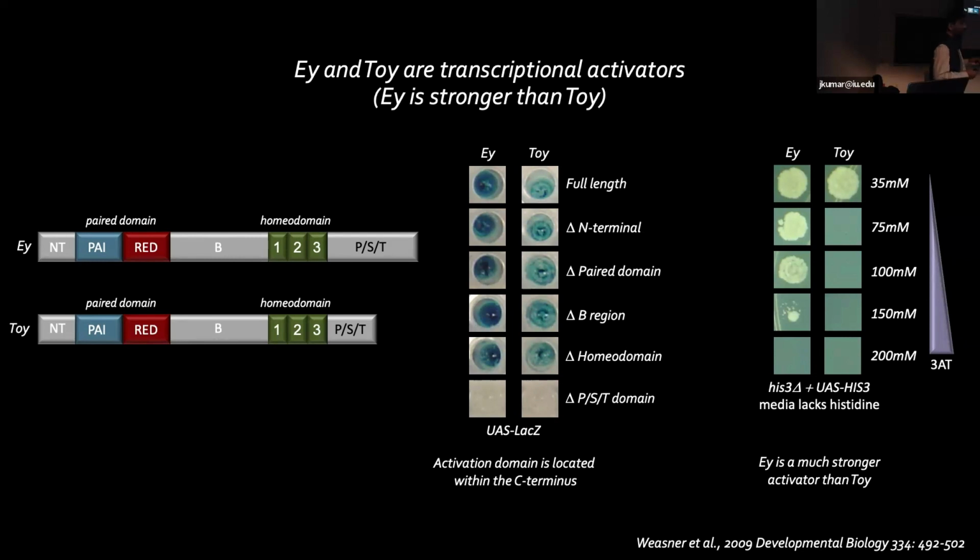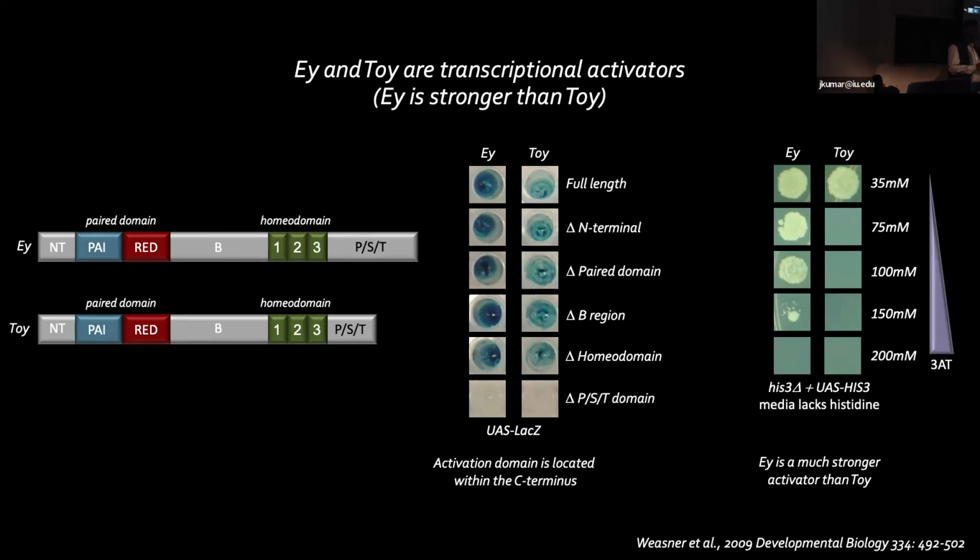So we actually switched to an assay where we can quantitate its strength. In this case, instead of activating a LacZ molecule, we're going to try to activate a UAS His3 enzyme in a strain of yeast that are lacking the His3 gene, and we're growing them in media that lacks histidine.